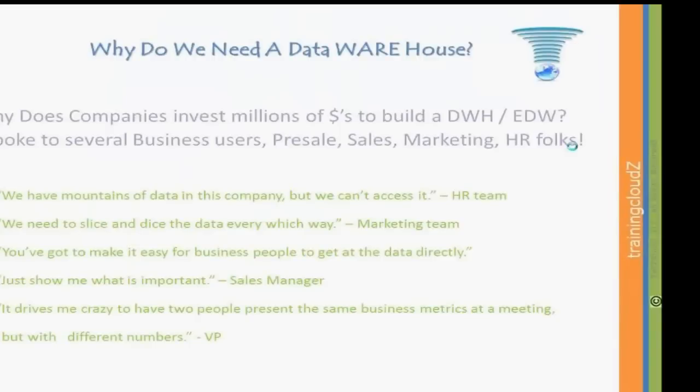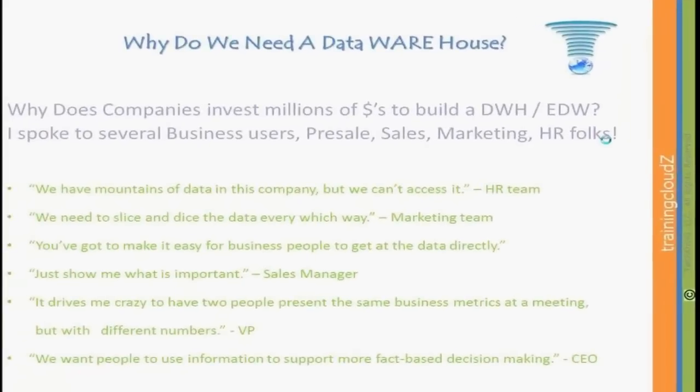So these are the questions that business has. Let us see how we can answer them. So we have one more question. We want people to use information to support more fact-based decision making. A CEO says this, which means, let us say you are in a business like the same business we talked about, Priya Pickles. If you want to make an important decision saying, I want to sell each pickle bottle for $1, it is not just an overnight thing that you can do.